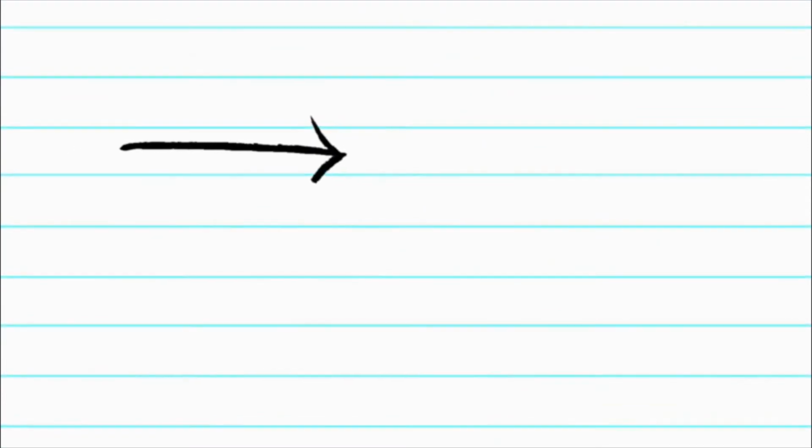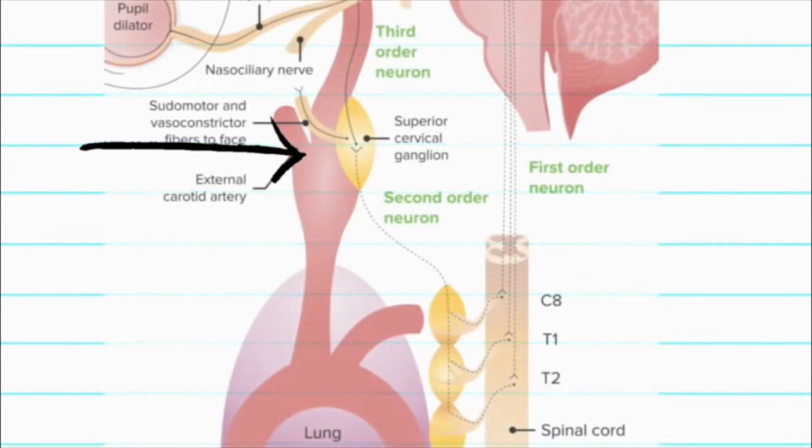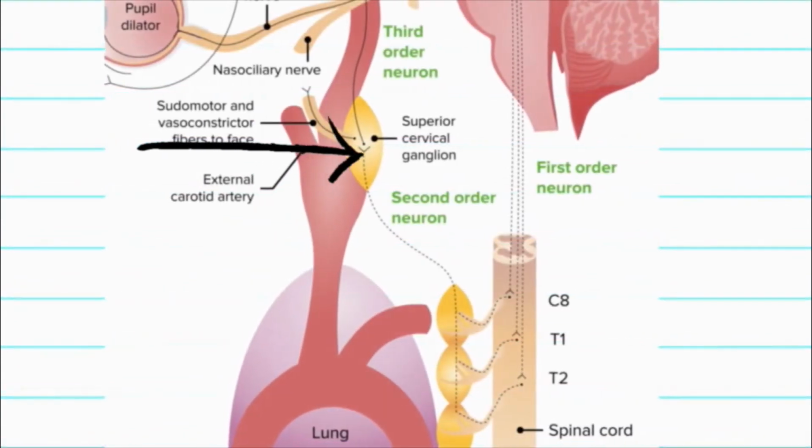They then synapse with the postganglionic fibers at the superior cervical ganglion, and this is located around the angle of the jaw.